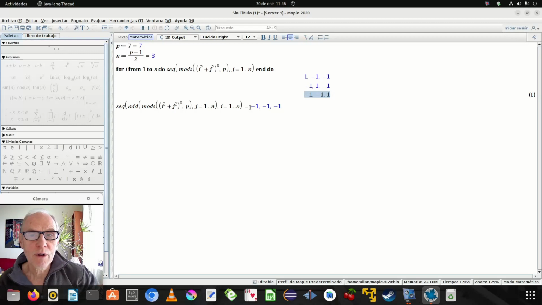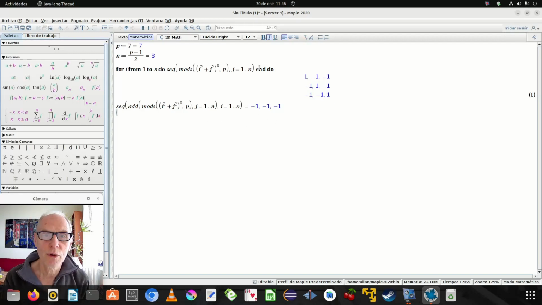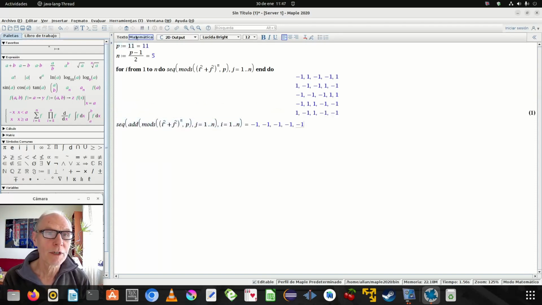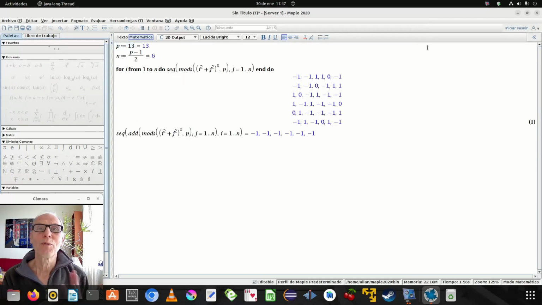And the sum of each column in that quadrant gives -1. So the whole quadrant, the top is -1, the bottom is -1, and the real axis is +1. So I just checked it with higher primes, and the ones I tried, there were not many, it turns out to be the same. We begin to believe it.